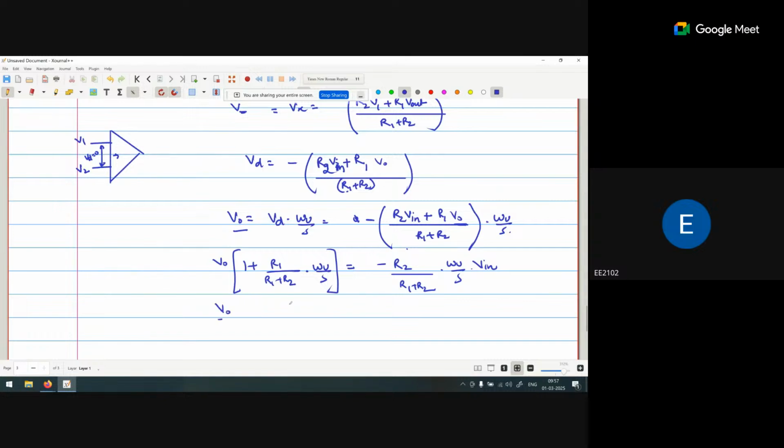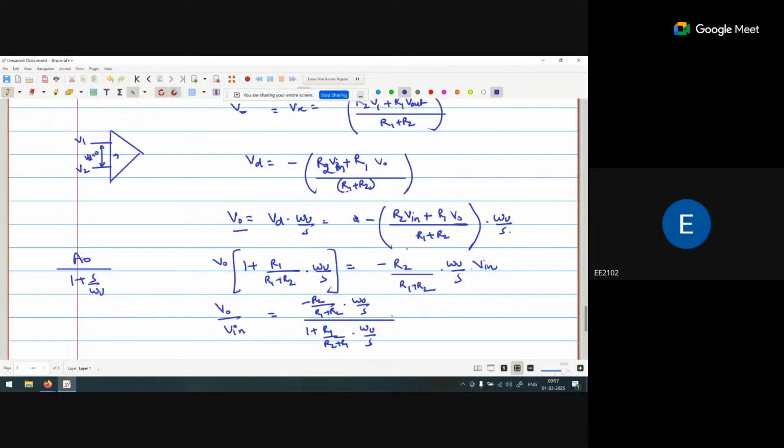Okay. So V naught upon Vi is nothing but minus R2 upon R1 plus R2 times omega U by S, upon 1 plus R1 upon R1 plus R2 times omega U by S. But to compare with the standard form, which is A naught upon 1 plus S upon omega U, here you can see it is omega U by S. So what should I do?